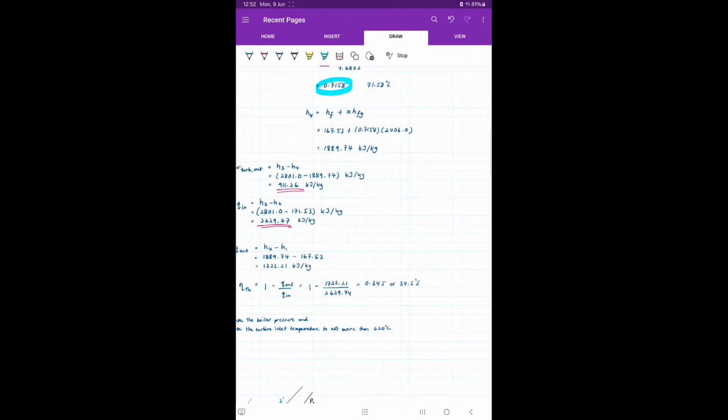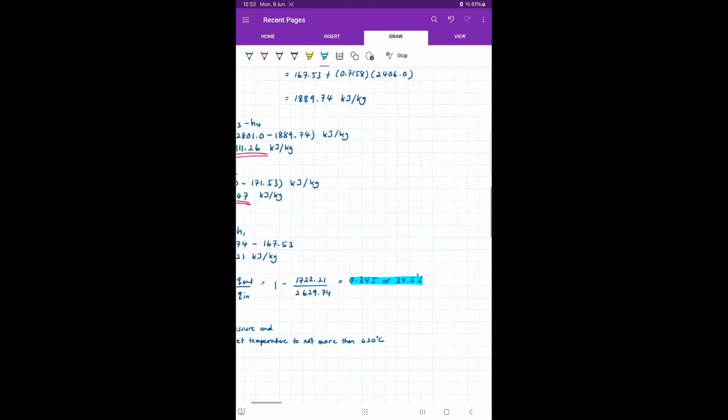Our previous thermal efficiency, when there is no superheating, is 34.5%. So we increased the thermal efficiency by 4.5%, going to 39%. Alright, so that's it for this example.